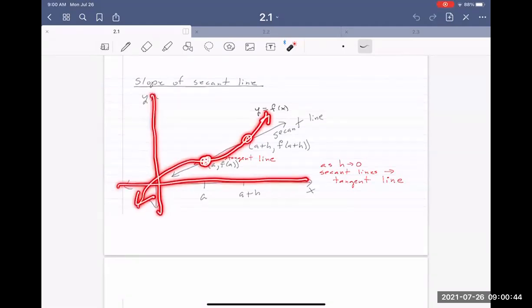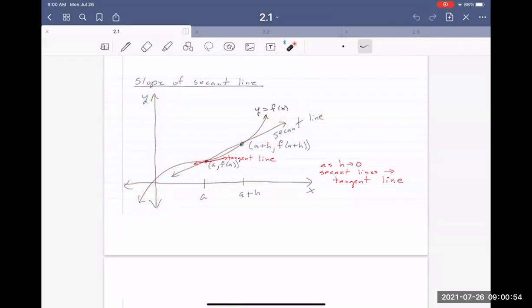Then if I look at 2 points on the curve, the line passing through these 2 points is called the secant line. And so a secant line just is a line passing through 2 points on the curve.